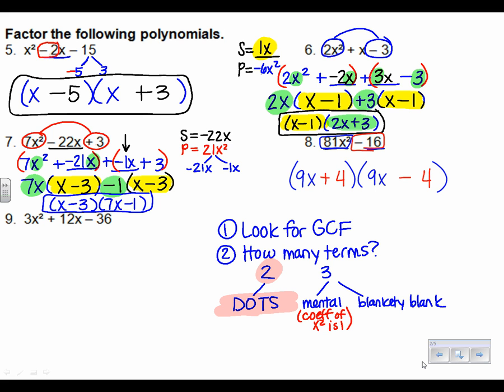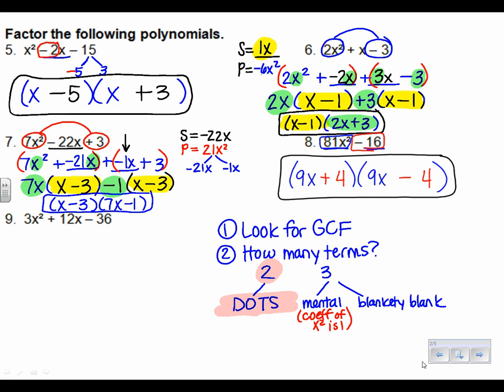Another way to say that is that I got these 9x's by taking the square root of 81, and I got the 4s by taking the square root of 16. So that is my final answer. No blank blank, no mental, no nothing. Well, it is kind of a mental problem, but it doesn't have 3 terms, it only had 2, so it was a difference of 2 squares.